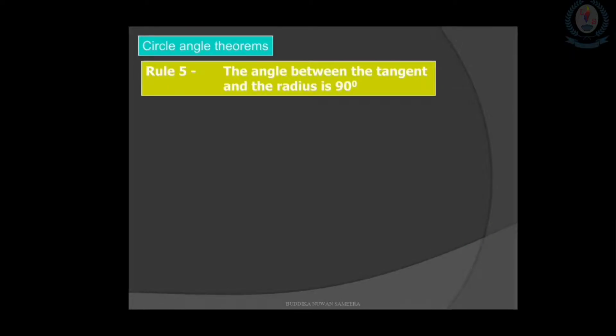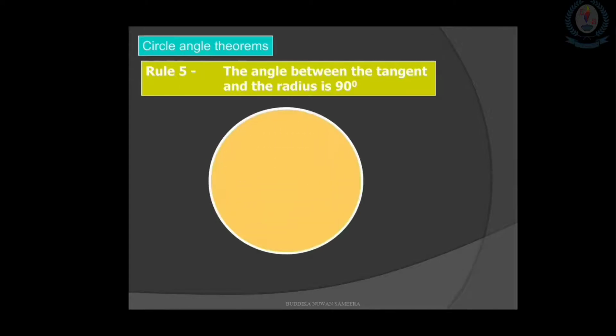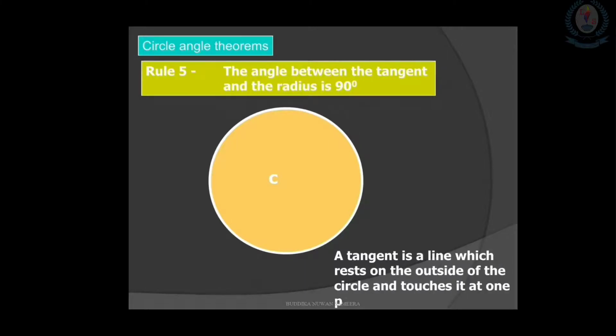Theorem number 5. The angle between the tangent and the radius is 90 degrees. Tangent means a line we draw outside of the circle that touches the circumference at only one point.